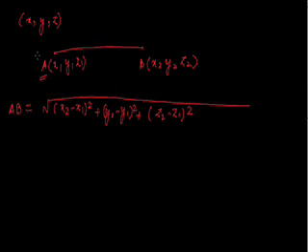A having the coordinates x1, y1, z1, and B having coordinates x2, y2, z2. So AB, the distance between the 2 points A and B, is equal to the square root of x2 minus x1 whole square plus y2 minus y1 whole square plus z2 minus z1 whole square. We have just expanded. Initially we had this kind of formula only for 2 coordinates, the x coordinate and y coordinate.